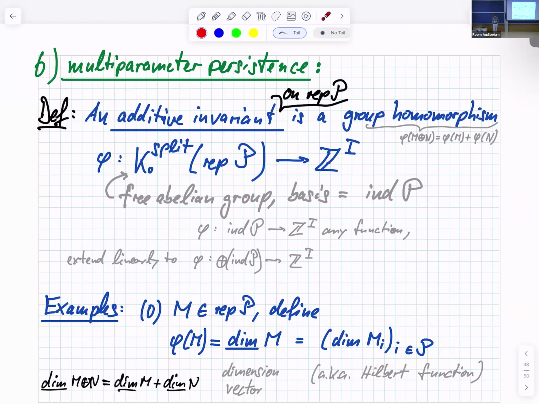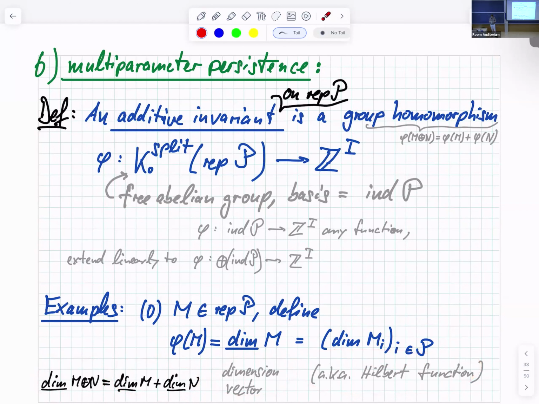This is an invariant, a group homomorphism, because the dimension of a direct sum will be the sum of the dimensions of each of the summands. In representation theory, we call it the dimension vector. In TDA, it's often referred to as the Hilbert function of the module.